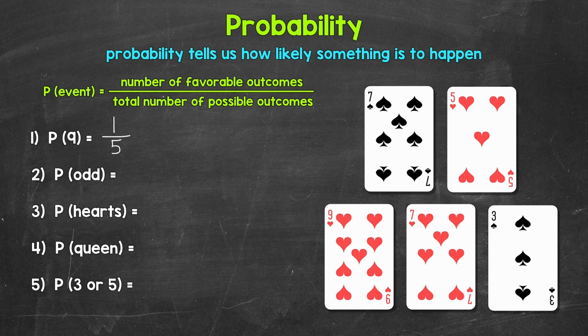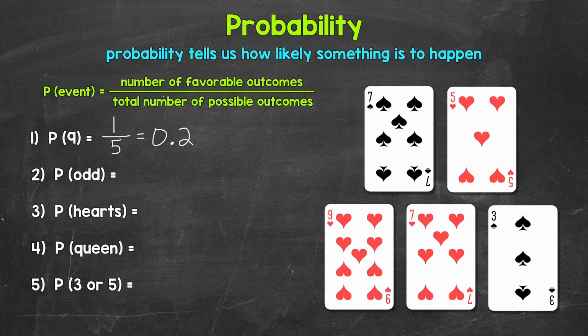Now let's write that as a decimal and a percent. 1/5 as a decimal equals 0.2, 2/10. Remember, divide the numerator, the top number, by the denominator, the bottom number, to go from a fraction to a decimal.